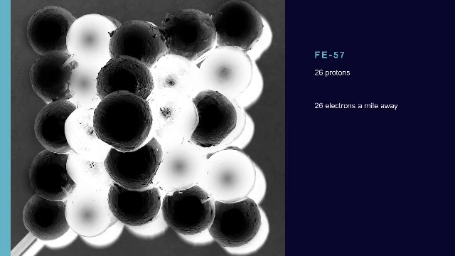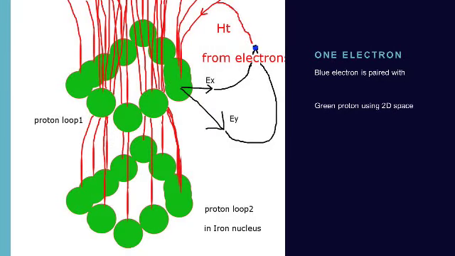And now to bring it back to the overall theory that I've been providing, here's the picture of an iron-57 nucleus. There's 26 protons in this picture in black, and a bunch of white neutrons. Now, there's also 26 electrons associated with this atom, but they're 1 mile away at this scale. So I've changed the scale around here for iron.